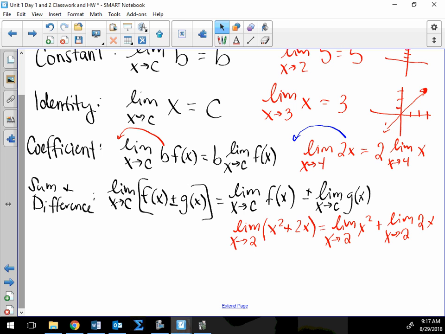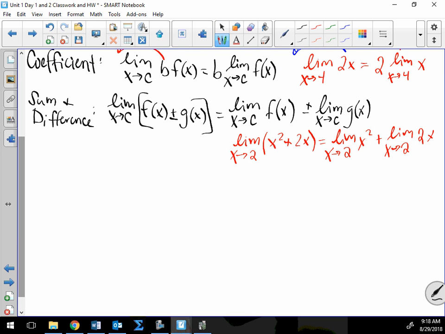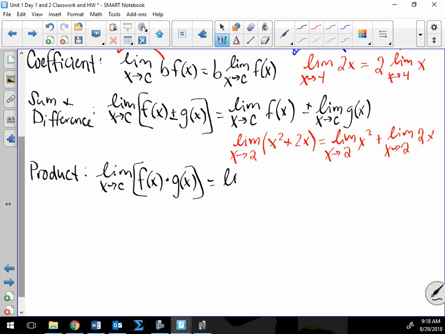And it's pretty similar for your product and your quotient rule. So let's take a look at product. The limit as x approaches c of f of x times g of x, we can break up that limit as well, into the limit as x approaches c of f of x times the limit as x approaches c of g of x. And this is also true for quotient, but the only thing with quotient is that the limit of that bottom function can't be 0, right?